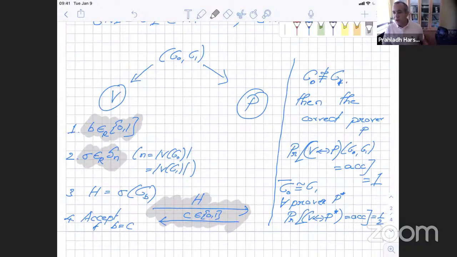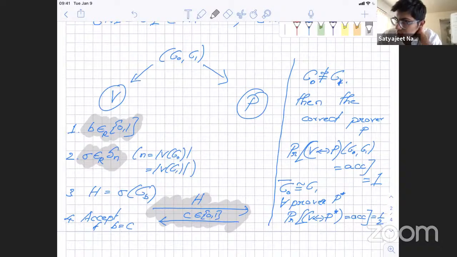From the prover's perspective, B is a random bit which can equally likely take 0 or 1. Therefore, no matter what value C the prover gives you, since this bit is hidden from the prover, the probability that C is equal to B will be half. Okay.